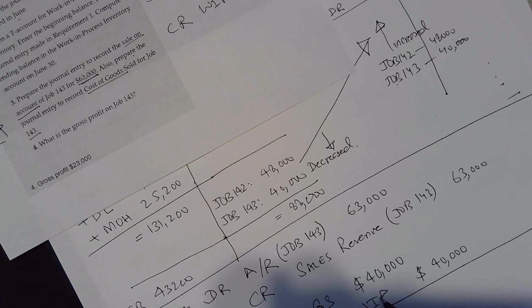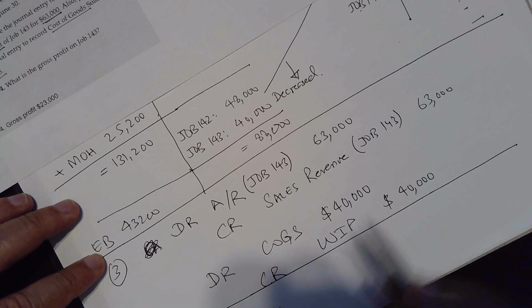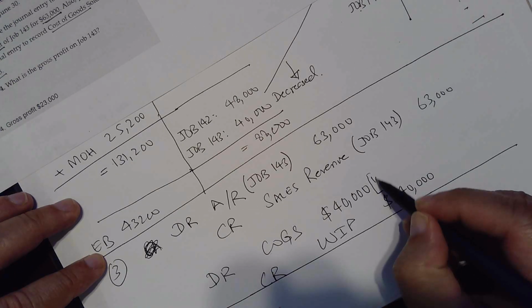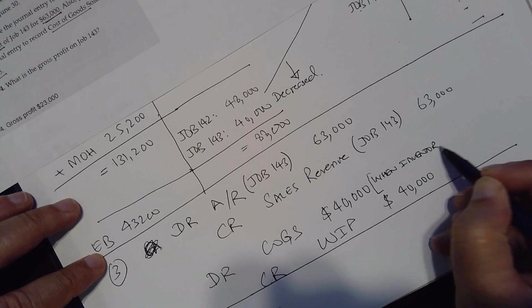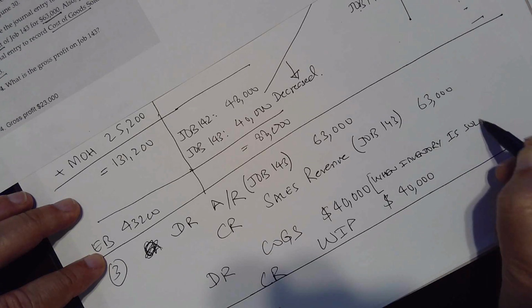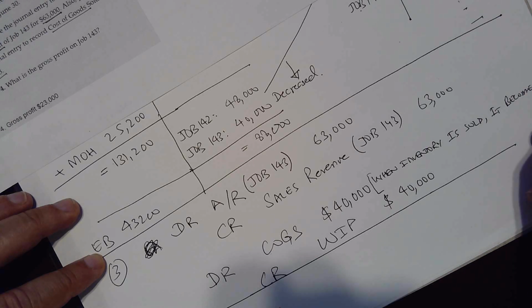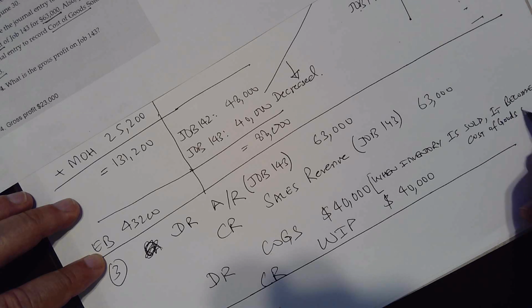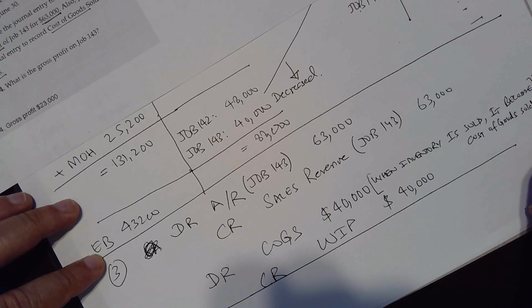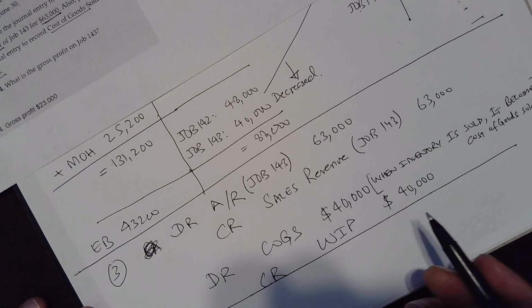Anytime an inventory is sold, it becomes cost of goods sold. So I'm going to put a note here: when inventory is sold, it becomes cost of goods sold. Of course the inventory is sold, and this is the cost of goods sold of $40,000.